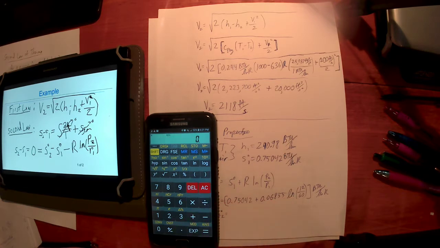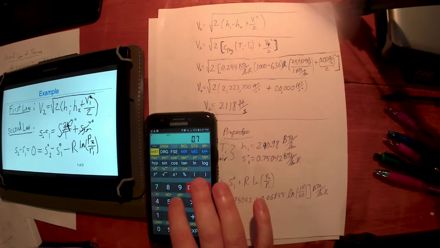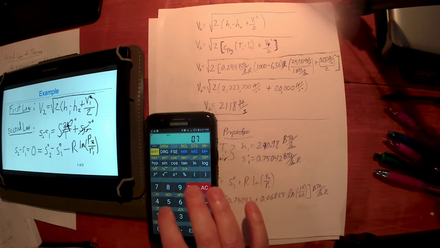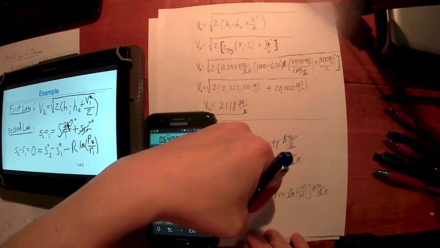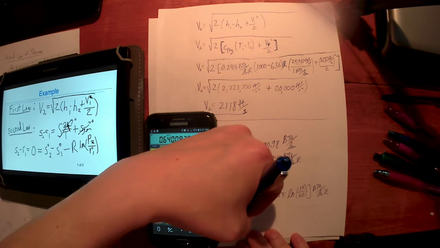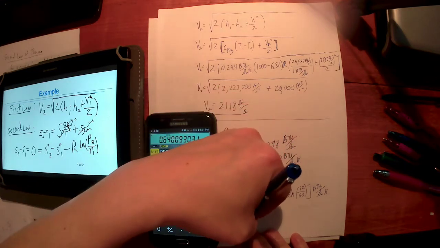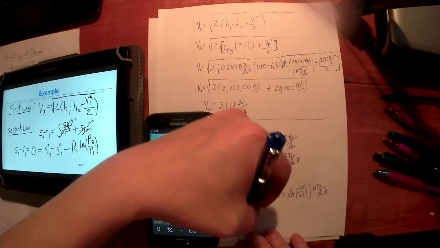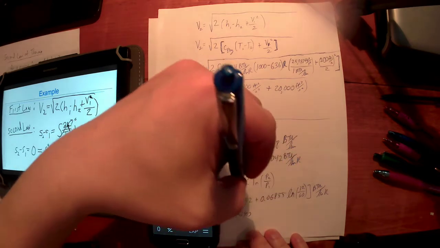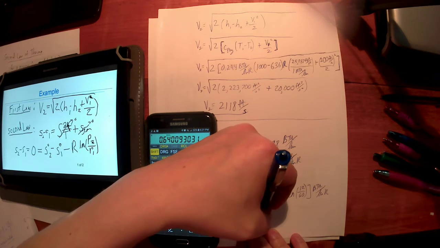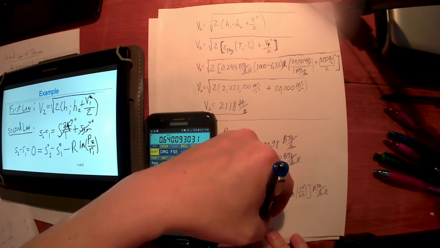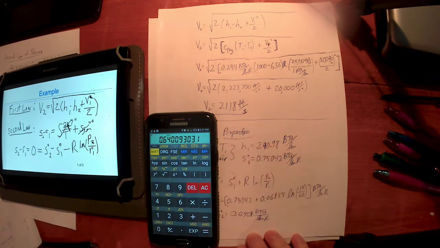Add to it 0.75042. So I'm getting here 0.6401 BTU per pound mass Rankine.